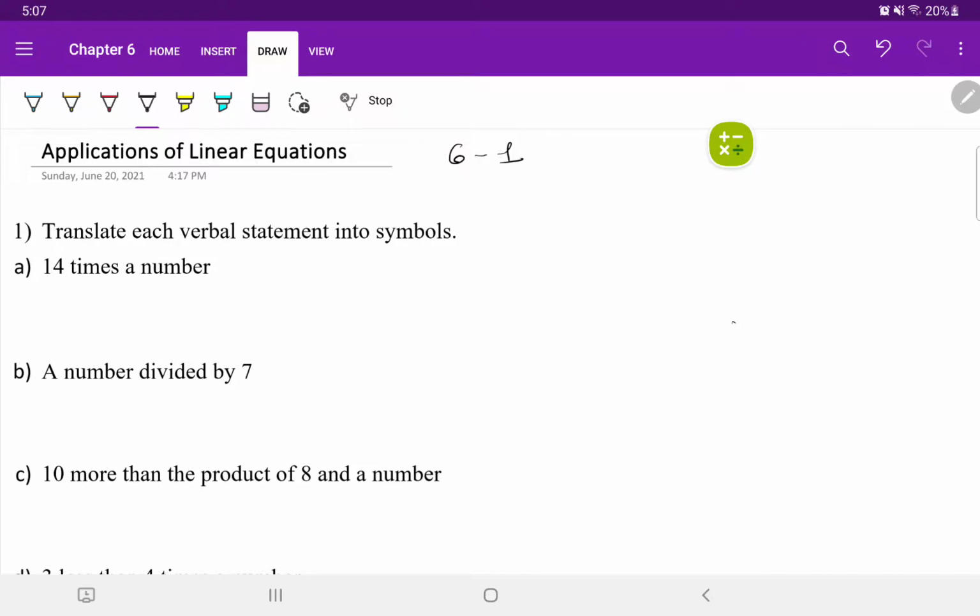So, in this first video, we're going to start off with translating simple verbal statements into mathematical symbols, mathematical expressions. Before I do that, I want to state the order of operations. We call the order of operations PEMDAS. Some people write it as this, while some others write it as this.